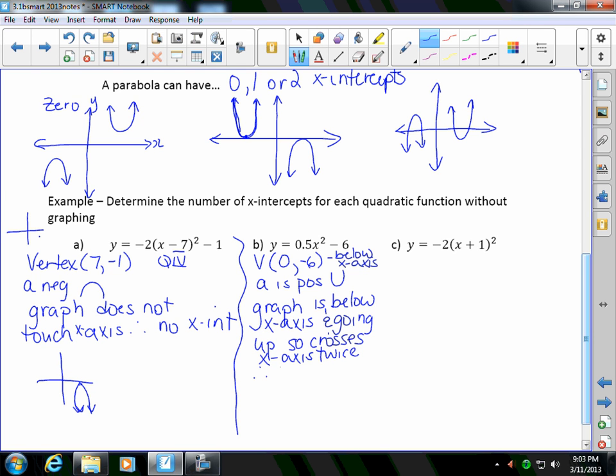So therefore there would be two x-intercepts. So this one on a sketch would look something like that. So I've got an x-intercept here and an x-intercept there.